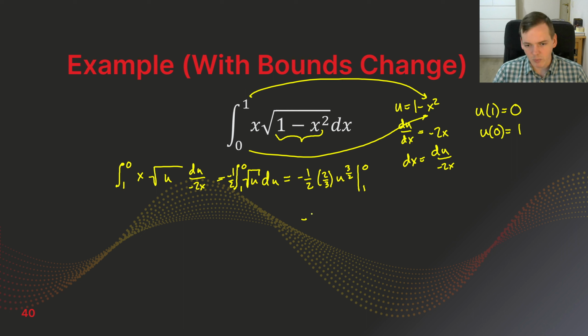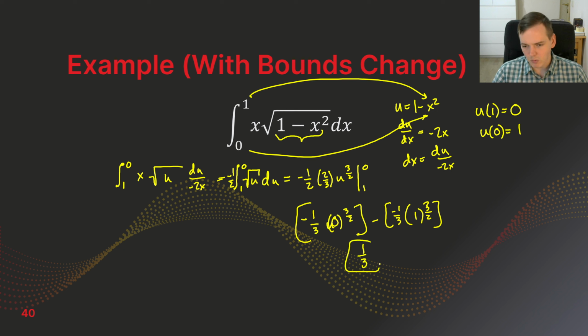So I can just straight plug in at this point. So negative 1/3 times 0 to the 3/2, minus negative 1/3 times plug in 1 to the 3/2. So that's going to be negative 1/3, or 0 minus negative 1/3, so the answer is 1/3 here.